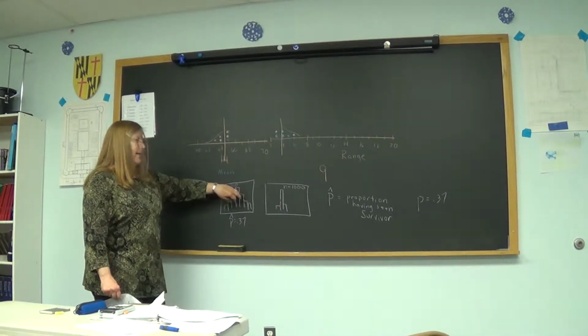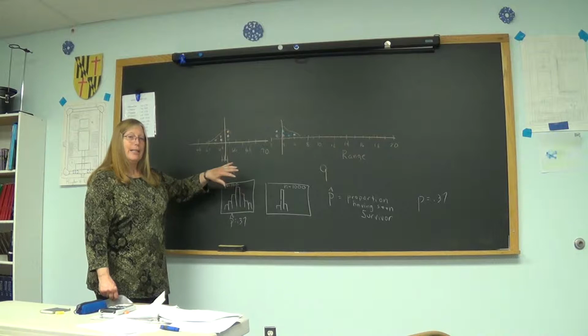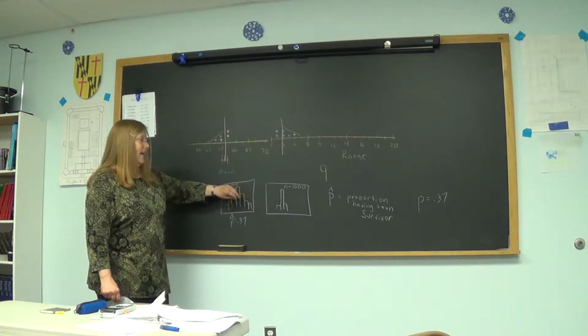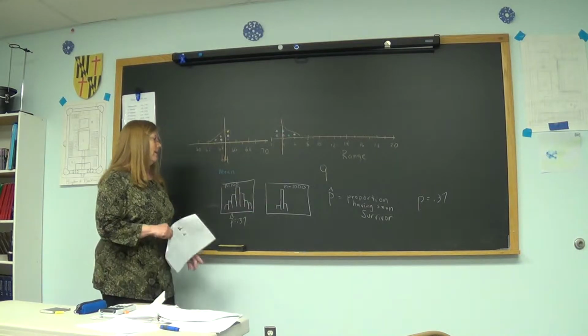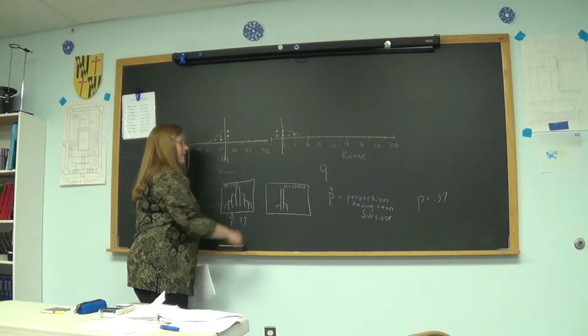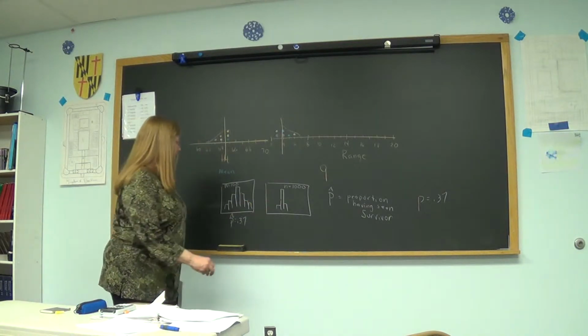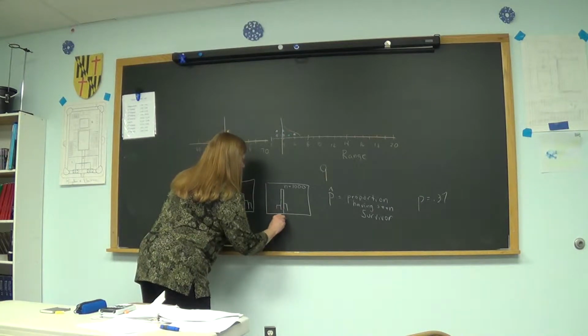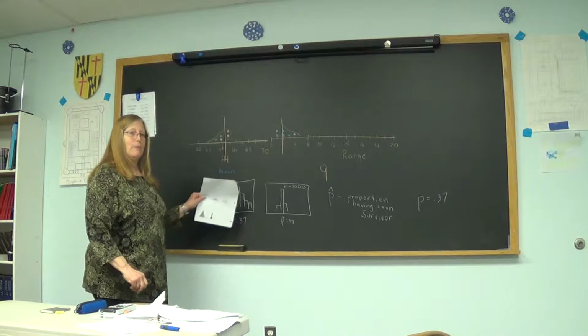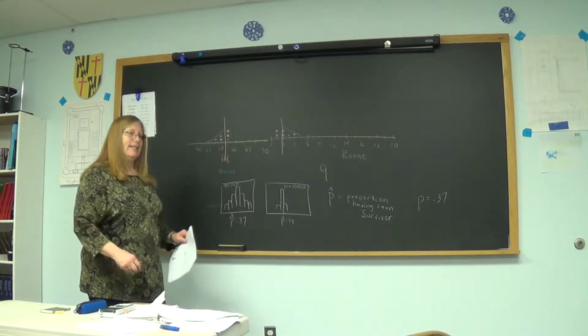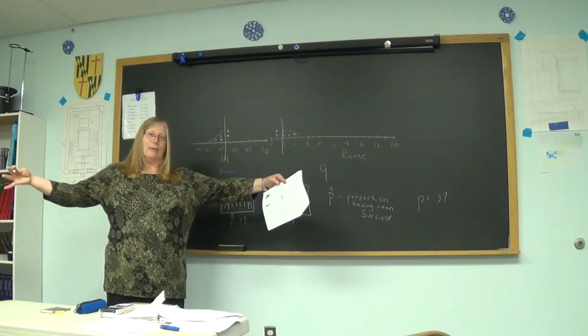Here the sample size was much smaller. We did it 1,000 times, but we had only 100 in this one, 1,000 in this one. What was the difference in the graphs? We still got the right parameter. p hat is still 0.37, but there's a major difference between the two, and that is in the spread.